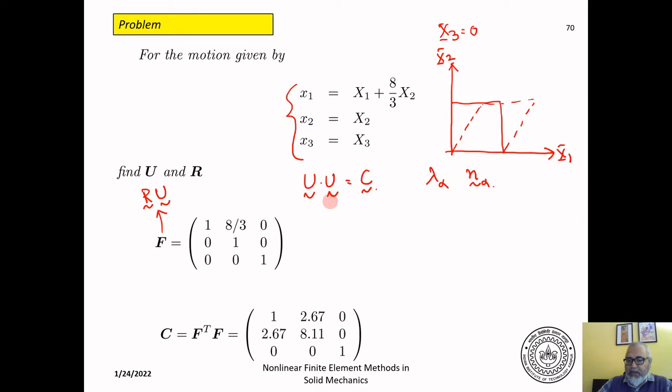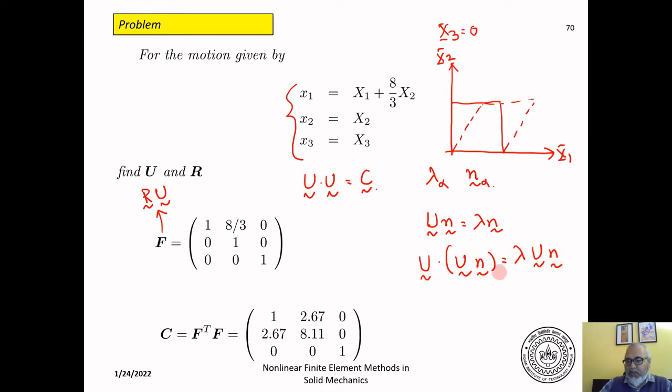Then to find the eigenvalues of U, we say U times some vector n is equal to lambda n. This is the problem that we solve. Now multiply both sides by U. So you have U times Un is equal to lambda Un.